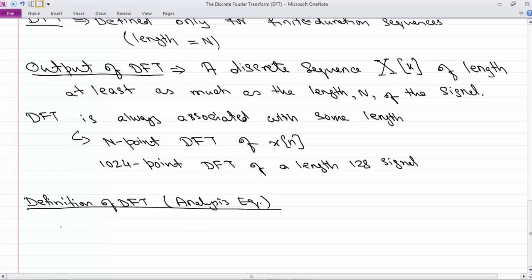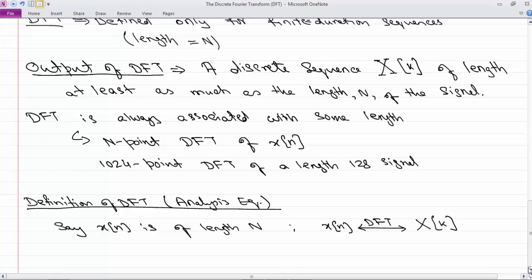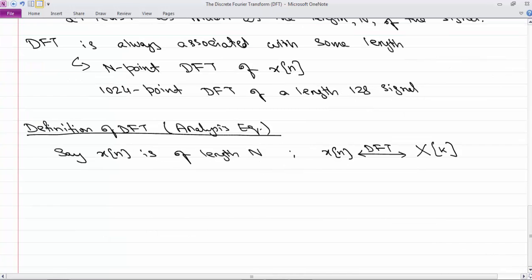Say x[n] is of length N. Then you will compute a DFT of x[n], which is going to be X[k]. Right now I'll just say compute N-point DFT. So this is length N, and I'm computing X[k], which also has length N.